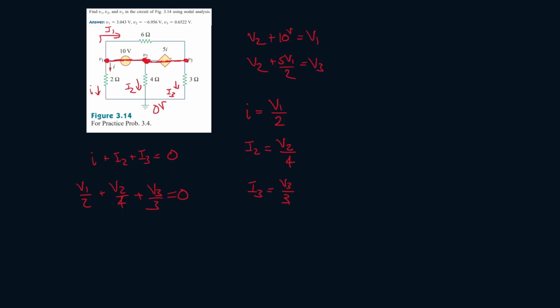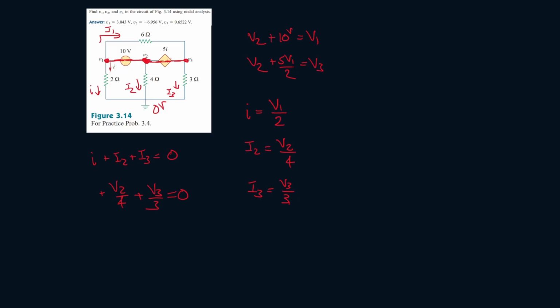So let's start by plugging them in. So for V1, let's plug in V2 plus 10. Hold on. Wait. Let's go back. I think I missed something. Okay, so it'll be V2 plus 10 over here, all over 2.